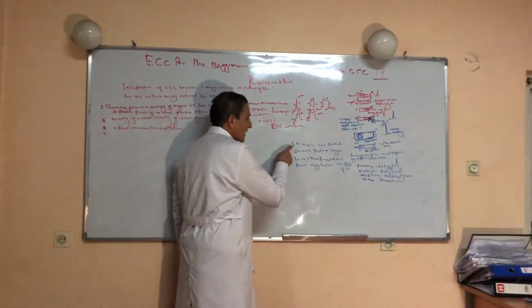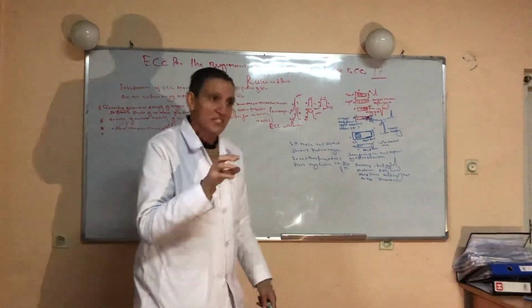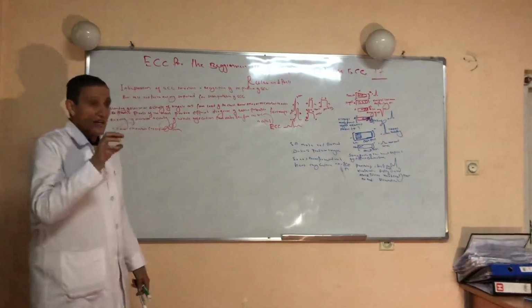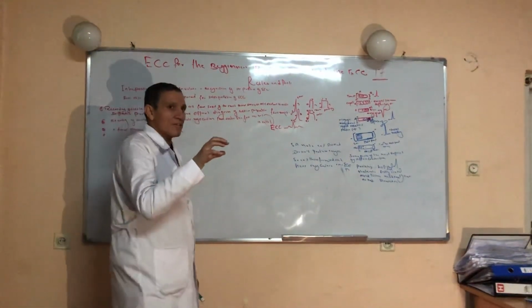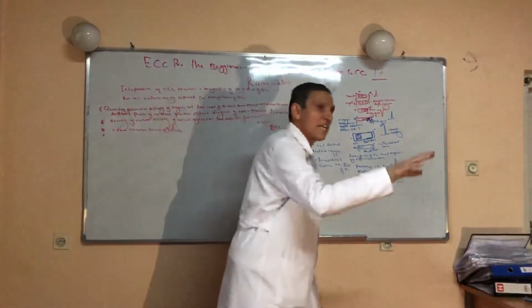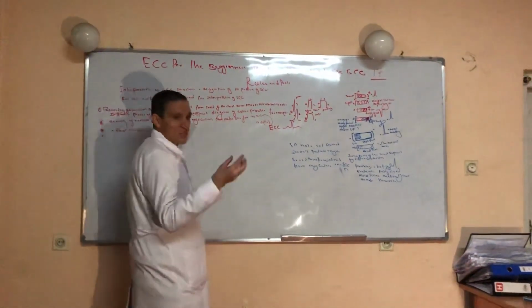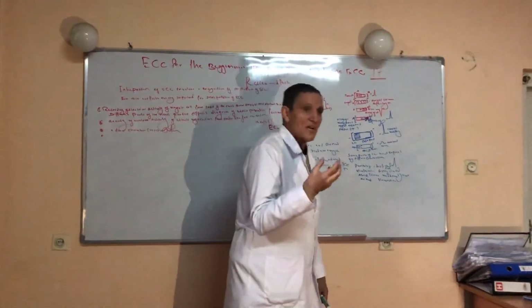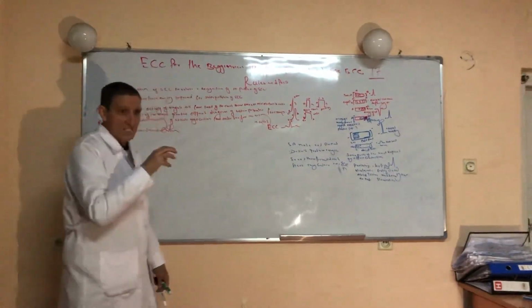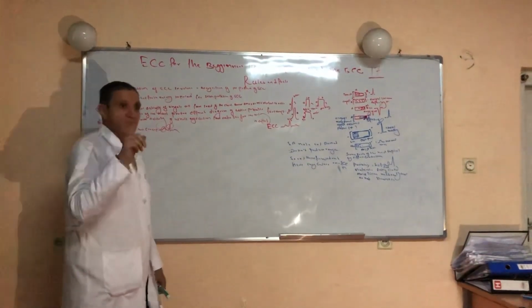Due to this, the SA node does not produce enough electrical voltage to be detected by the electrode on the outer surface of the body. So from the SA node we don't have any wave or deflection directly, but indirectly we know, because when we have a well-defined P wave, it means the atrial tissue is stimulated by the SA node.